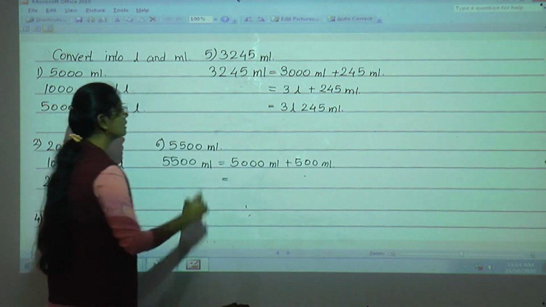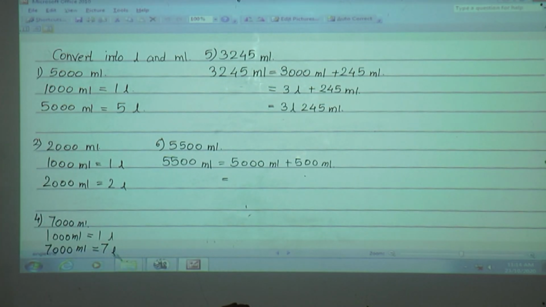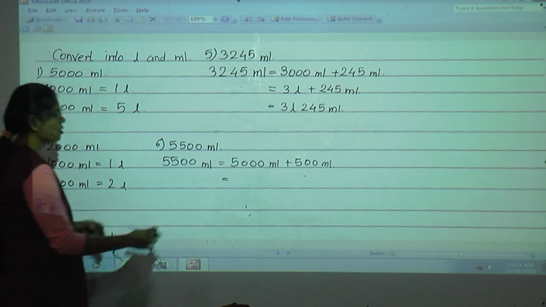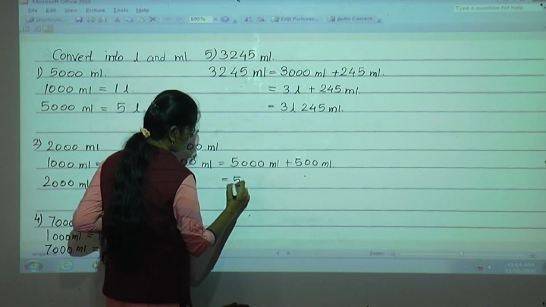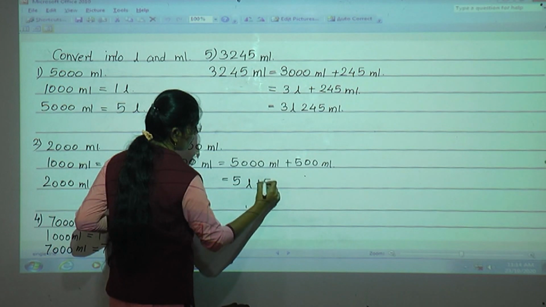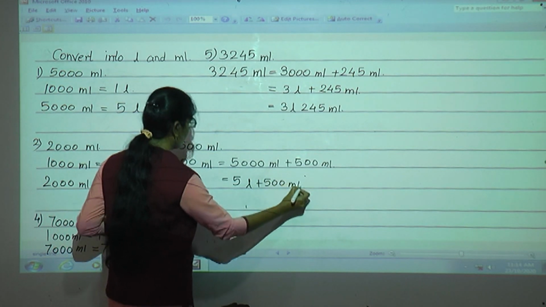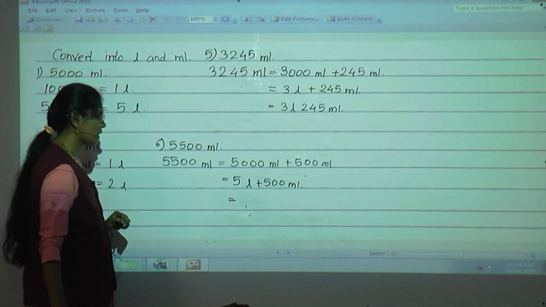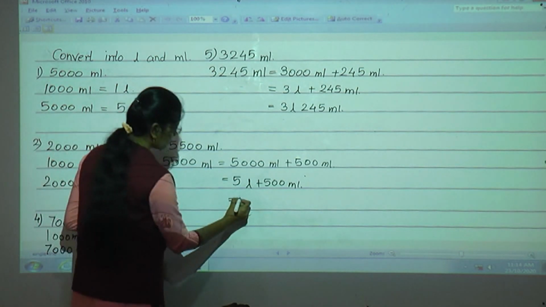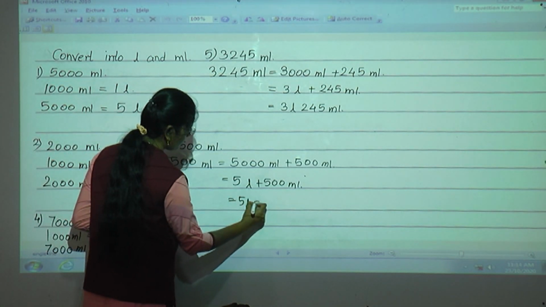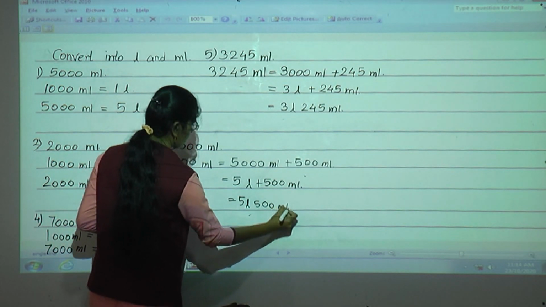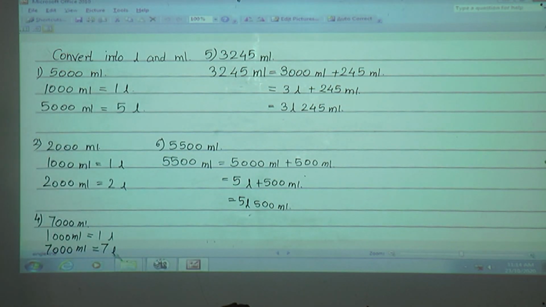Okay. Now 5000 ml is equal to how many liters? Yes, 1000 ml is equal to 1 liter. So 5000 ml is equal to how many liters? 5 liters. Just you have to remove these 3 zeros. So 5 liter plus 500 ml. Okay. Now in the step 3, you have to remove this plus sign only and write as it is, 5 liter 500 milliliter. Means 5500 ml is equal to 5 liter and 500 ml.